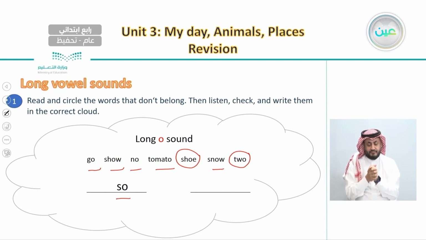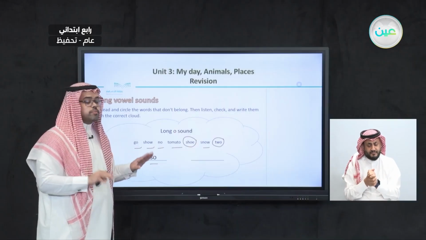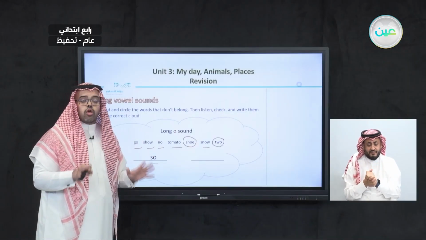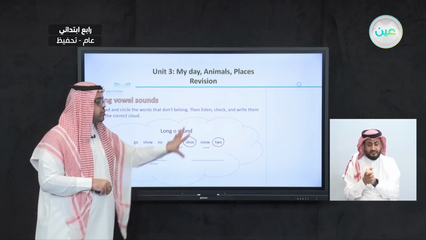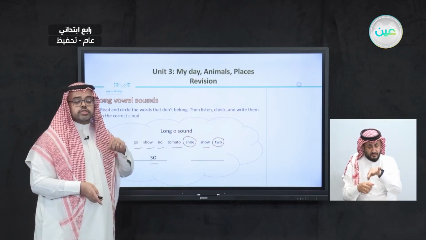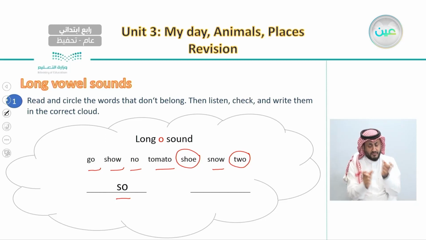So the words shoe and two, we circle them because they do not belong to the long O sound. We take these two words out and add two words, which are so and toe. So with the long O sound, we have these words.